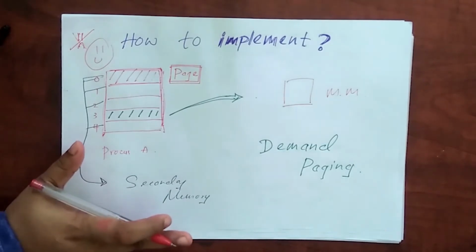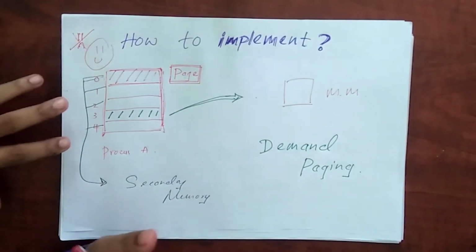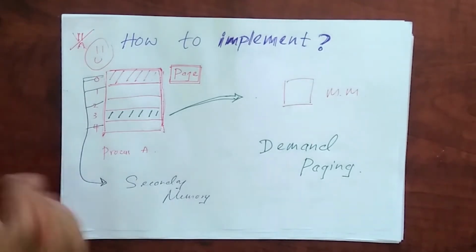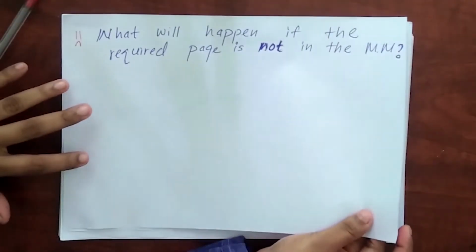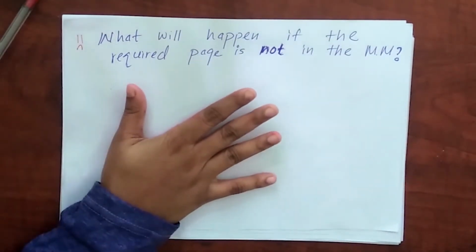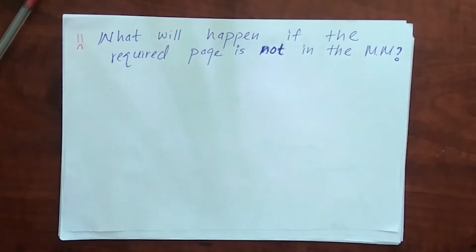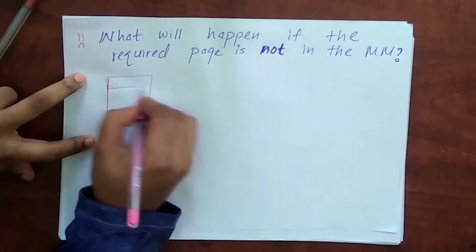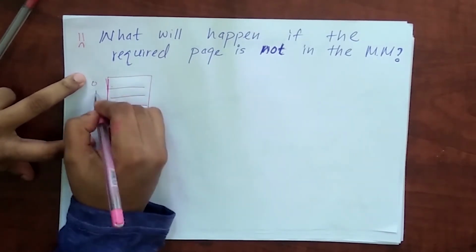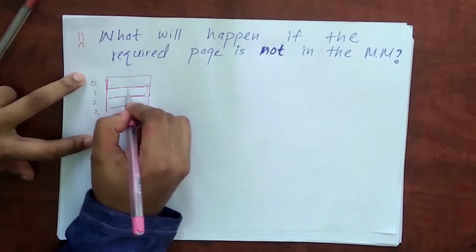But still these questions are not over, and again we get a problem, and that is, what will happen if the required page is not in the main memory? So let's take that there is a page called 1.